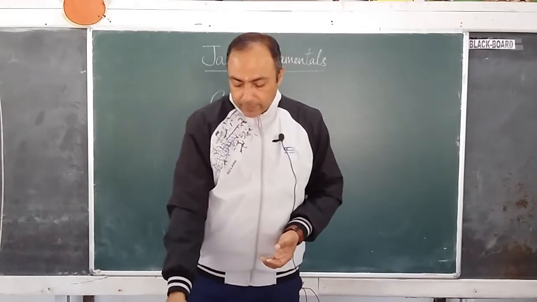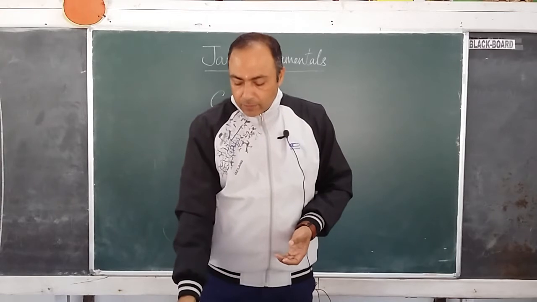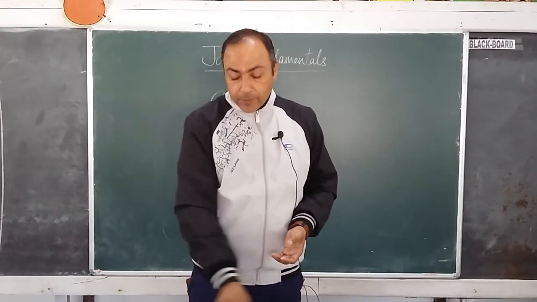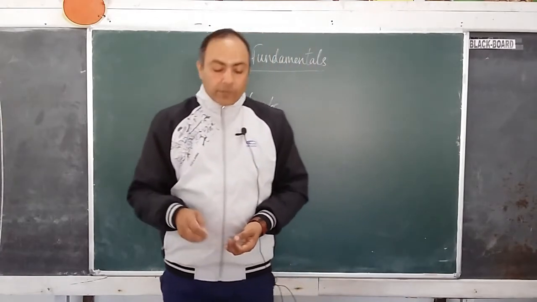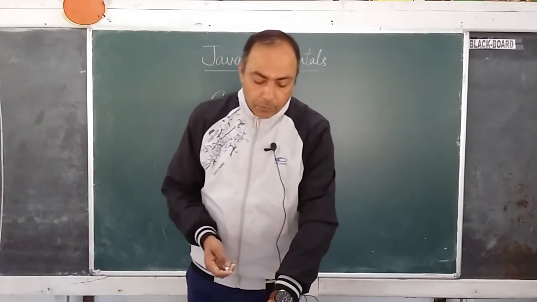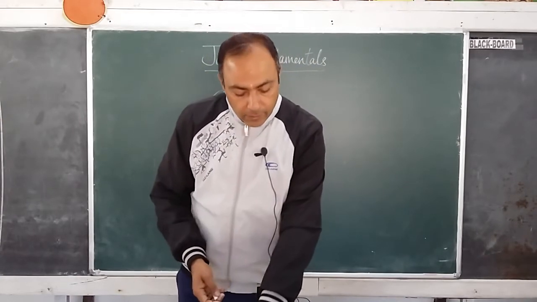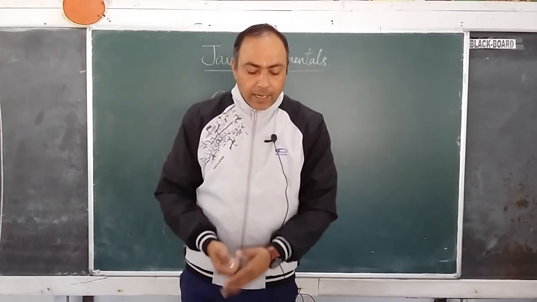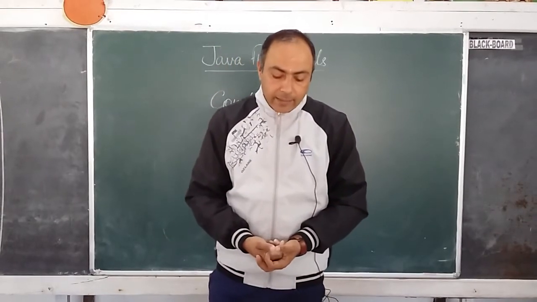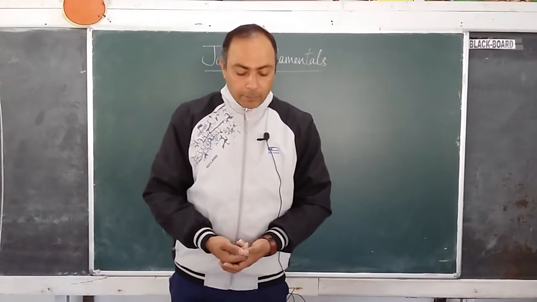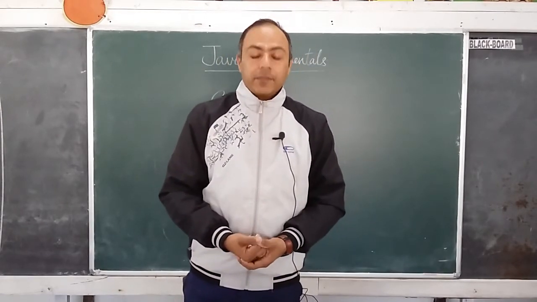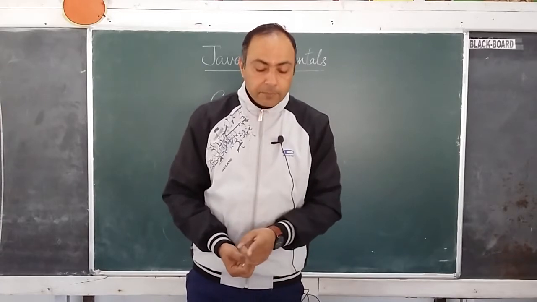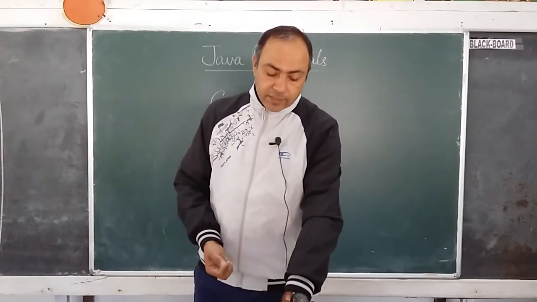The keyword final makes a variable a constant whose value cannot be changed during program execution. So when you write the final keyword, then it will not change. See the example: class is declared as CalculateTax, public static void main, that is the main method, String args. Now we have declared the variables, that is double type, but this should not change, so it is written final.